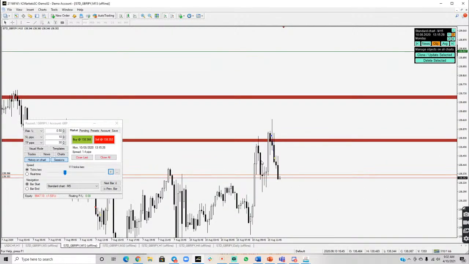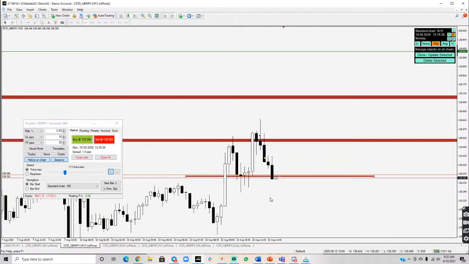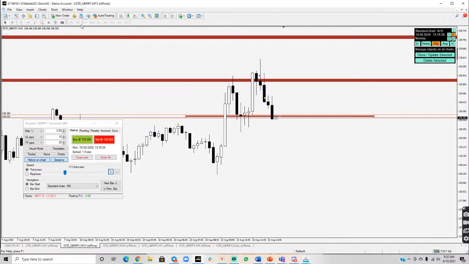Looking at it on the 15-minute time frame. 15-minute close below the level. The 15-minute candle is now below this level right here. Should we risk it?